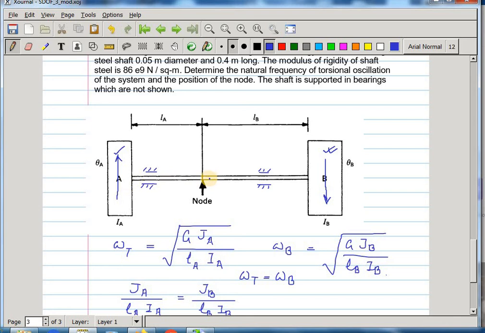then there has to be a point inside which is not subjected to any torsional rotation. It is rotating as a rigid body about the axis, but the oscillatory motion which is superimposed on the rigid body motion is 0 here.